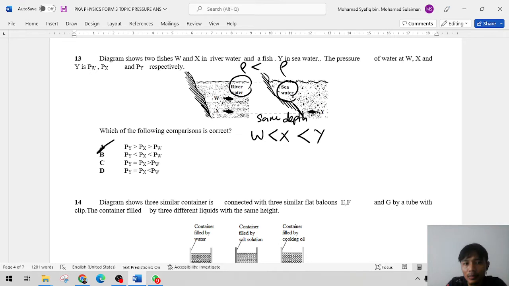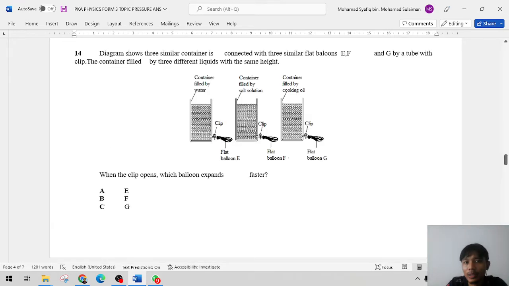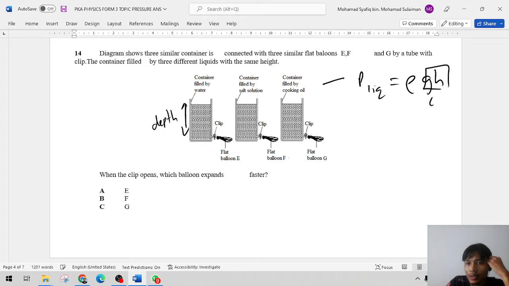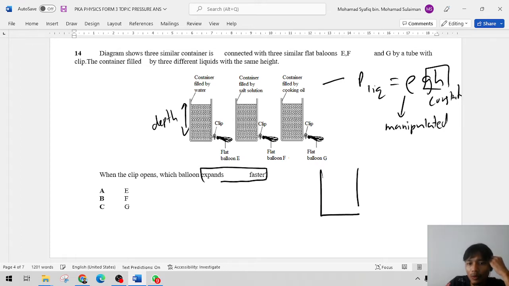Number 14. So we have 3 similar containers, same depth, not height, same depth, but different liquid. So we have pressure in liquid equal to rho GH. So this one is constant, but we have manipulated the density. Okay, which one will expand faster? So it's like a spurt of water.